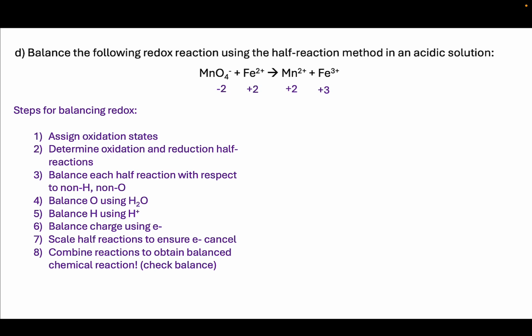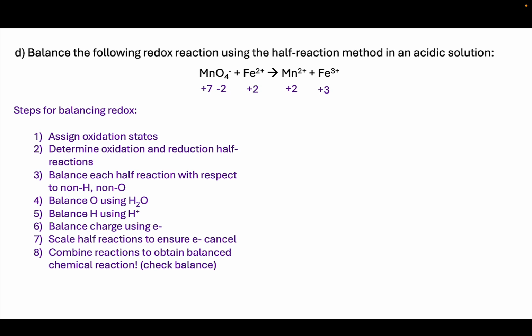The whole complex has a -1 charge, so manganese has to have a number that will make the charge -1. And that's going to be +7. +7 minus the 8 that come from the 4 different -2 oxygens gives us a negative charge for this polyatomic ion, and therefore this is +7 oxidation number manganese.